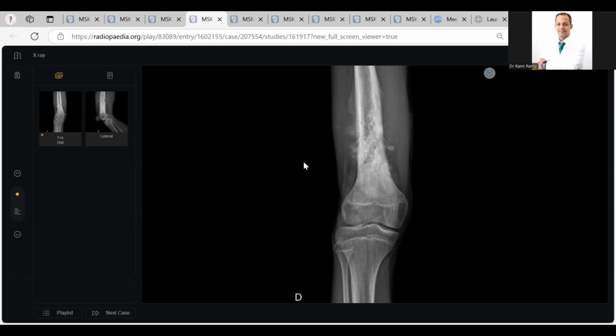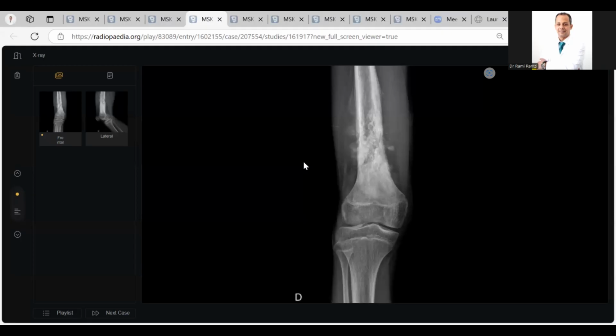Also, I can appreciate the periosteal reaction bilaterally along the medial and lateral cortex, and there is also an appearance of the Codman triangle along the mid shaft region, and mild soft tissue thickening as well.